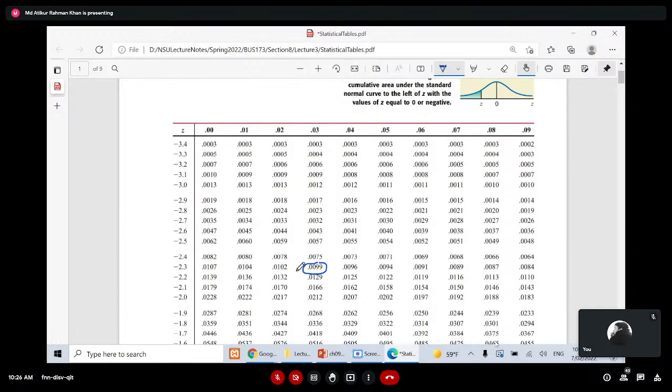So this means minus 2.325, between minus 2.32 and minus 2.33. But here we find that this one is closer than this one, so you can choose minus 2.33. If their difference is the same on the left side and the right side, then come to the between.